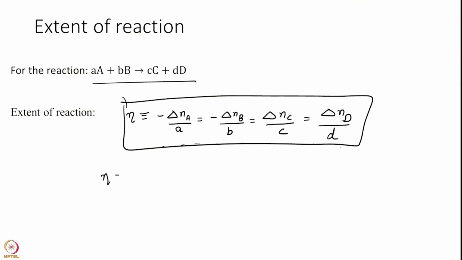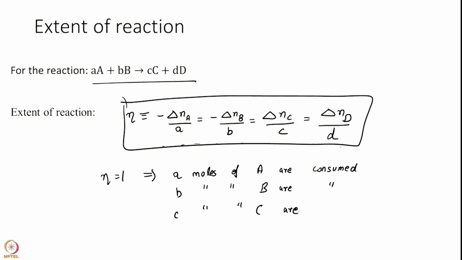So, eta equal to 1 implies A moles of A are consumed, B moles of B are consumed, C moles of C are produced.